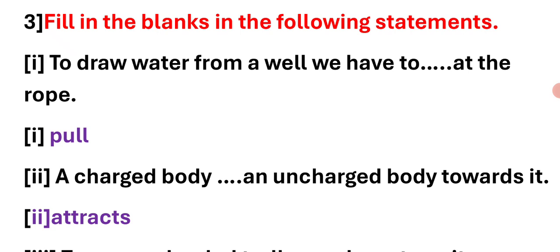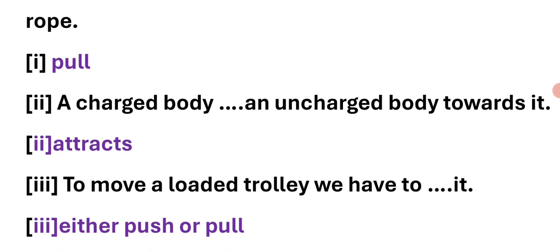Main question number 3. Fill in the blanks in the following statements. First one, to draw water from a well, we have to dash at the rope. Right answer, pull. Second one, a charged body dash an uncharged body towards it. A charged body attracts an uncharged body towards it.